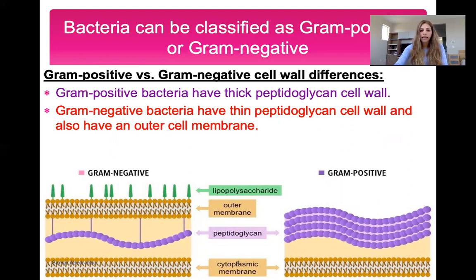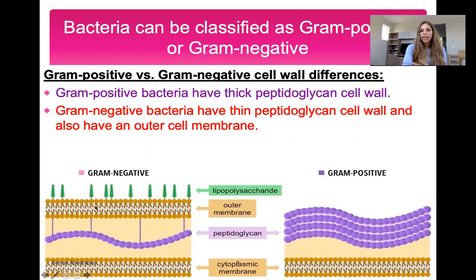It means the same thing. When we look at gram-negative bacteria, on the other hand, they have a thin cell wall or thin peptidoglycan, and they also have an outer membrane. So to summarize, gram-negative bacteria have a thin cell wall, thin peptidoglycan, and they also have an outer membrane, and gram-positive bacteria have a thick peptidoglycan layer and therefore a thick cell wall.